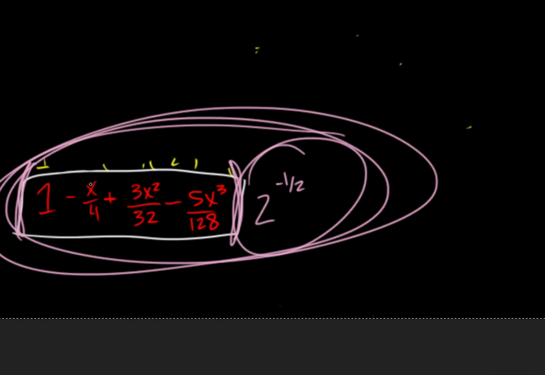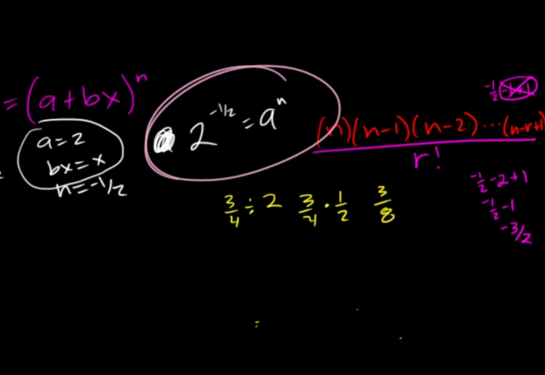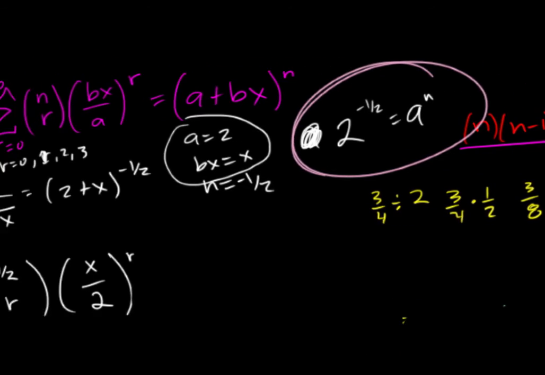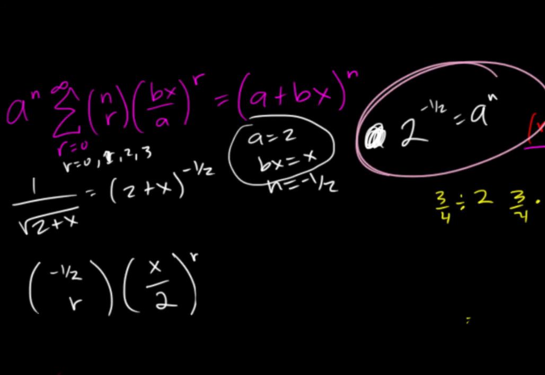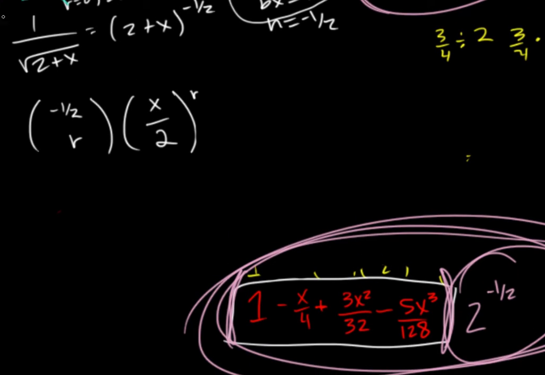Now, going back to this though, what we're going to do is plug in, let's look at our original. Do we still have it? Yeah, there we go. Okay, so we have the original right here, and we're asked to do 1 over the square root of 2.1, so that means that x is equal to 0.1.